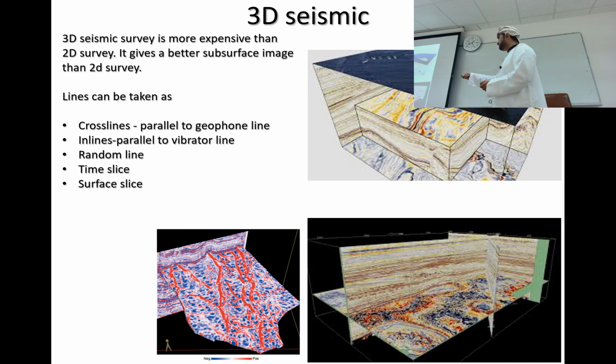These are the different amplitudes. So if my surface is cutting some seismic data, I can extract amplitude information along the surface. I extract amplitude information along that surface.